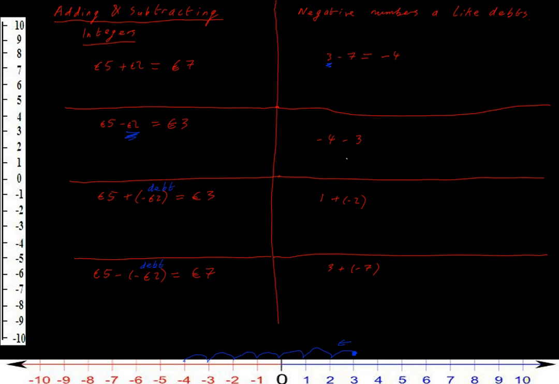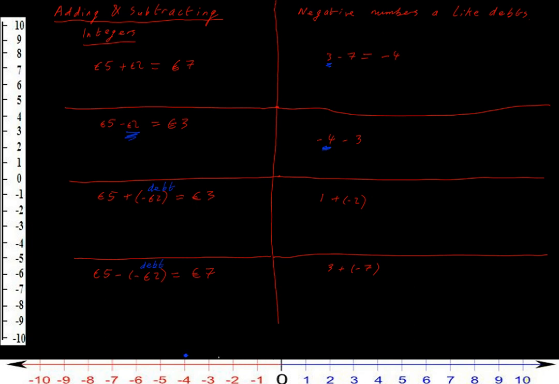Now let's try another problem here. We have minus 4 minus 3. So where are we going to start? We're going to start down at minus 4. And where are we going to move? Well, we can see that we have a minus 3, so we're taking away 3.